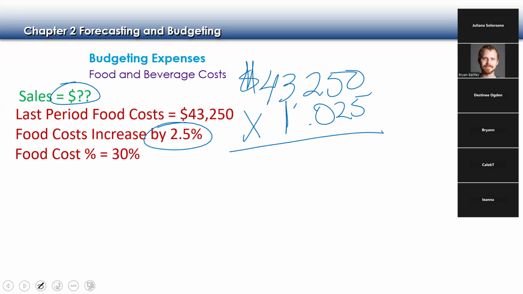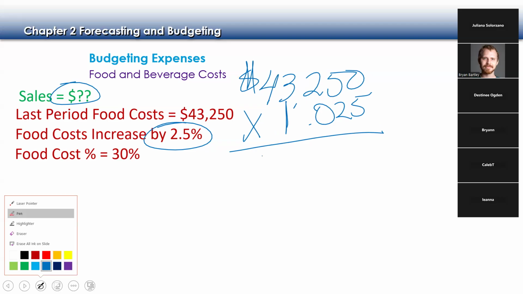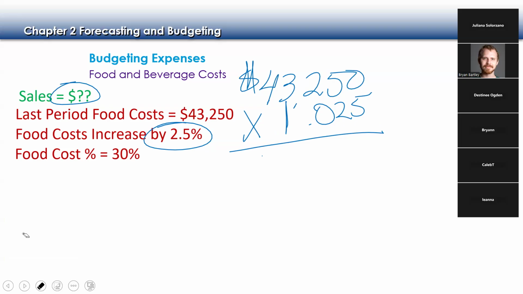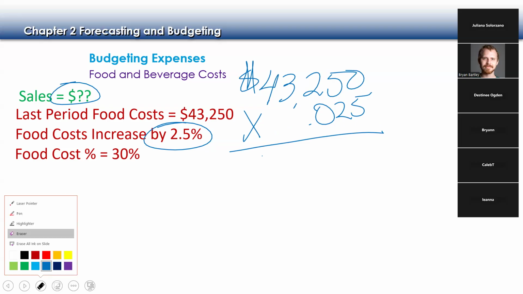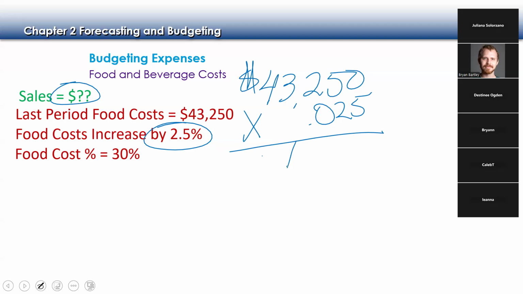So multiply by 1.025, and I could get what? $1,081.25. Okay, so that's where we're just doing the multiplying, right? That's okay. We can do it that way. So 1,081.25.